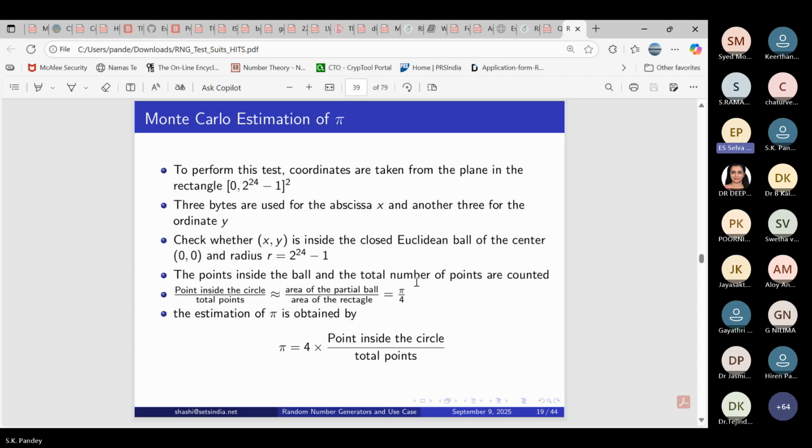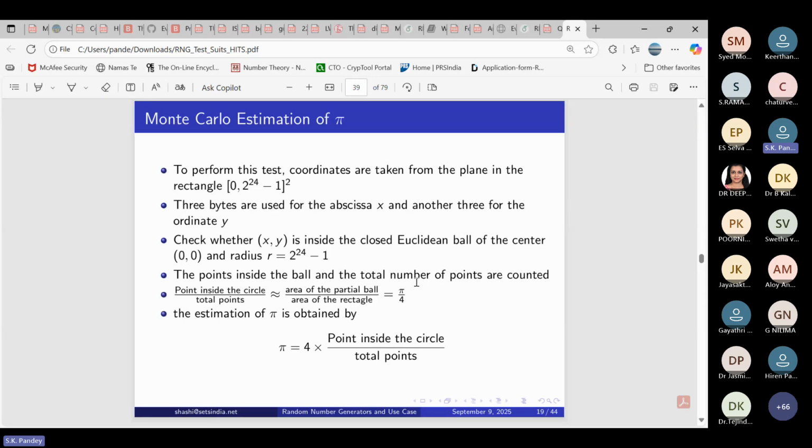So you mark all the points that lie inside that circle based on your generated random numbers, and the total points come in a rectangle, because I have taken points from 0 to 2 to the power 24 minus 1 on the x-axis. Similarly, on the y-axis, 0 to 2 to the power 24 minus 1. If you see the end points and match those lines, one line is parallel to the x-axis, which is y equal to 2 to the power 24 minus 1.